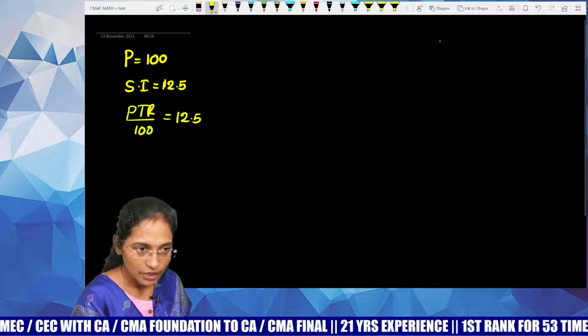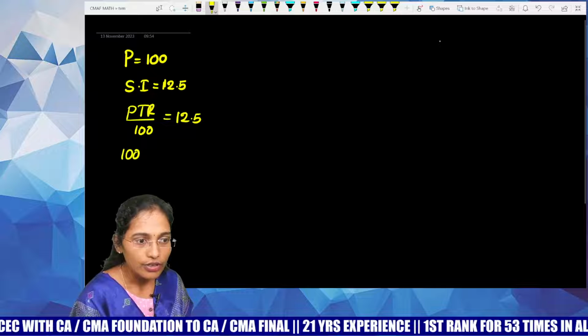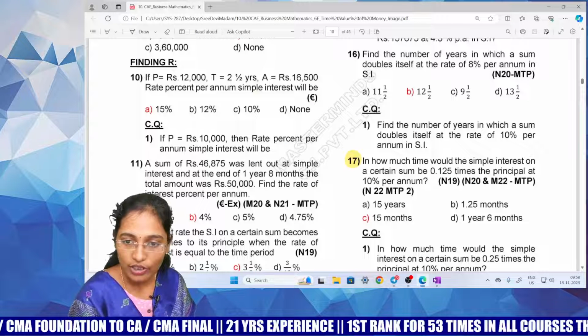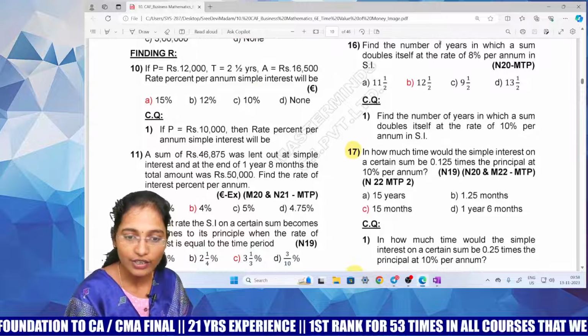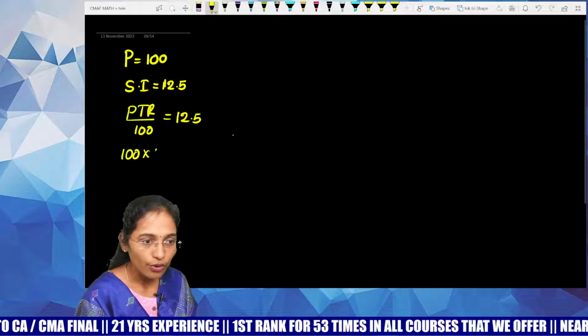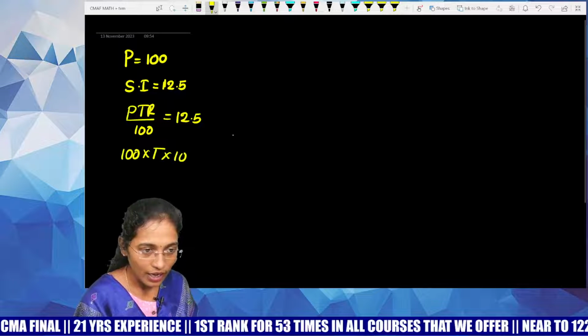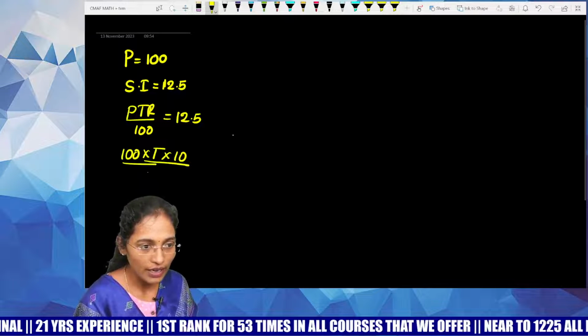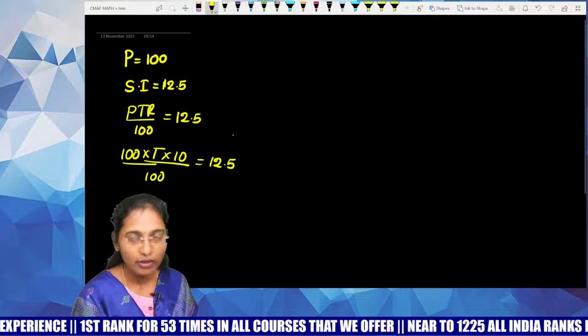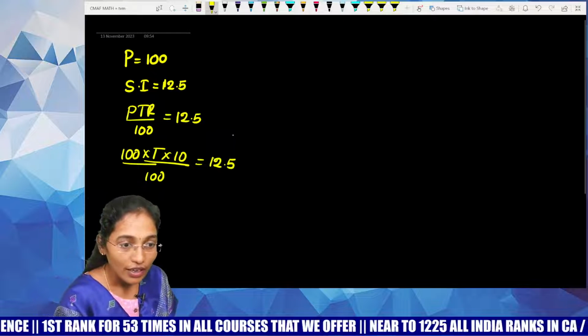And you know that the principal is 100. So according to the question, the time duration is to be calculated and rate of interest is 10% per annum, right? Rate of interest is 10%. So time is question mark, R equals to 10. Of course, by 100 equals to 12.5. Now look at this, guys.